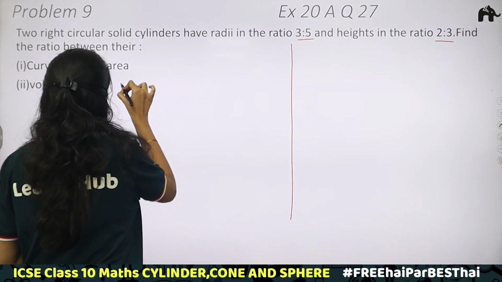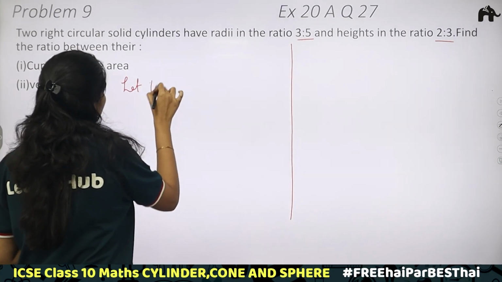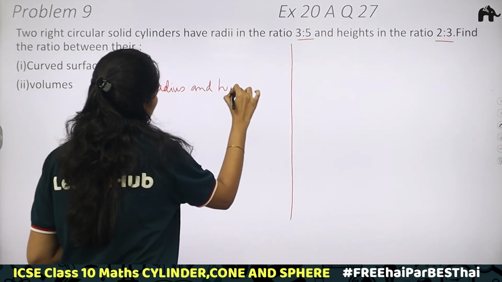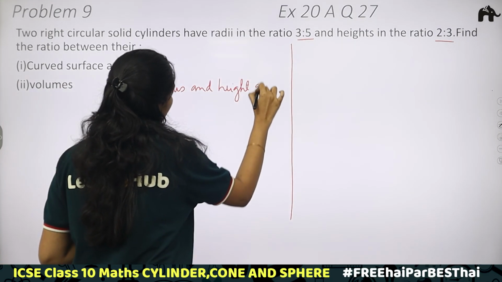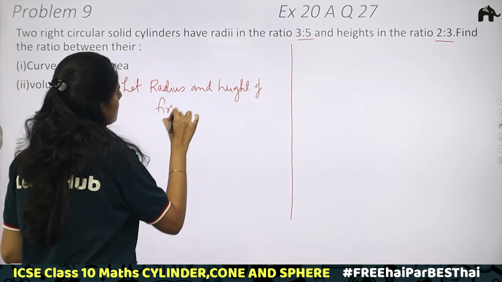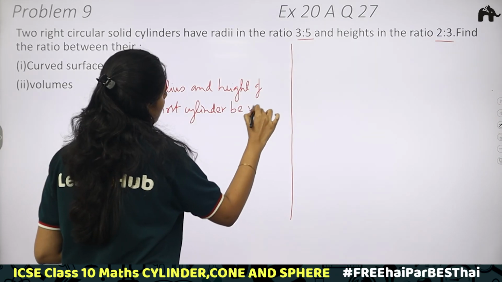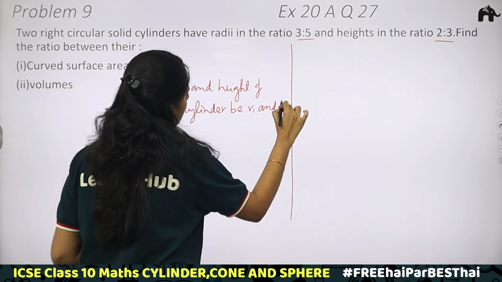Let the radius and height of first cylinder be R1 and H1.